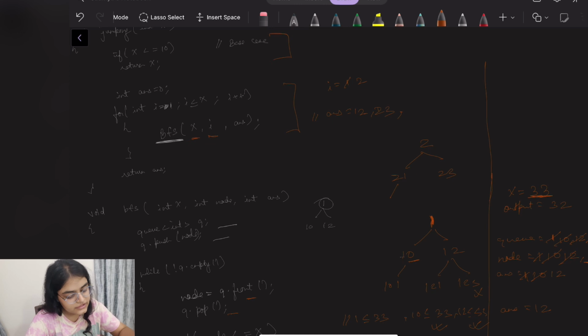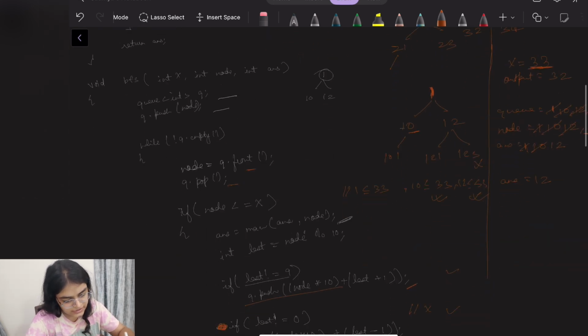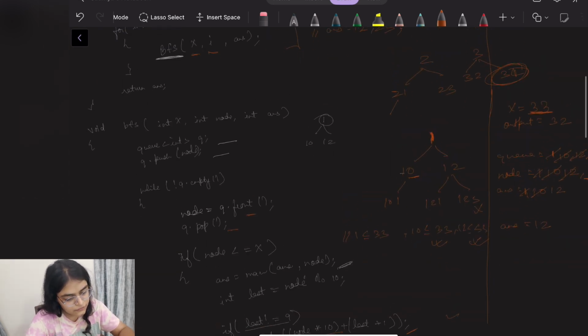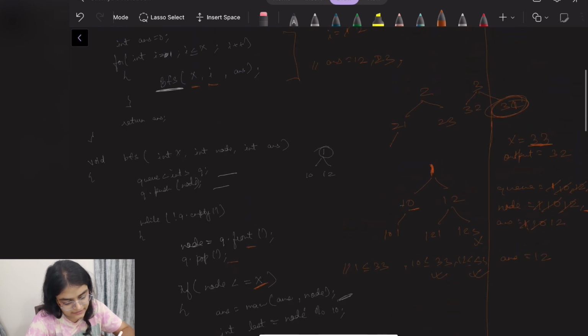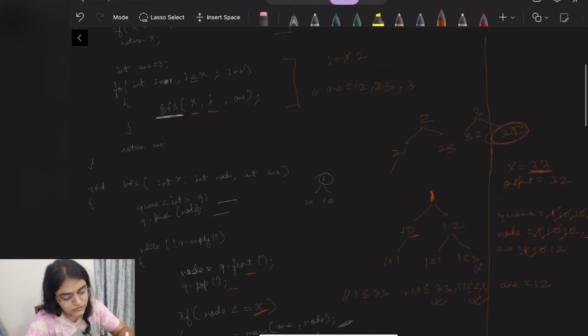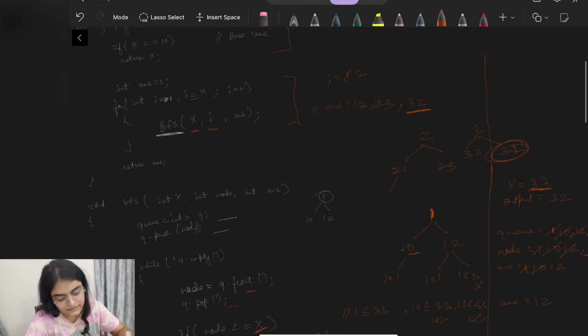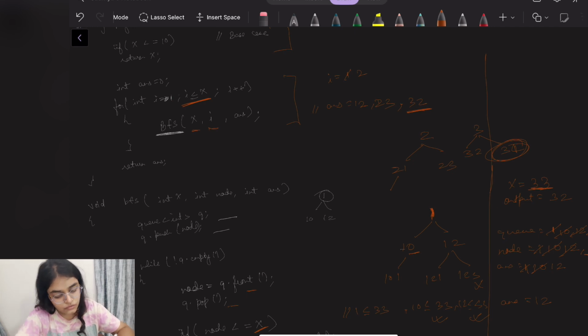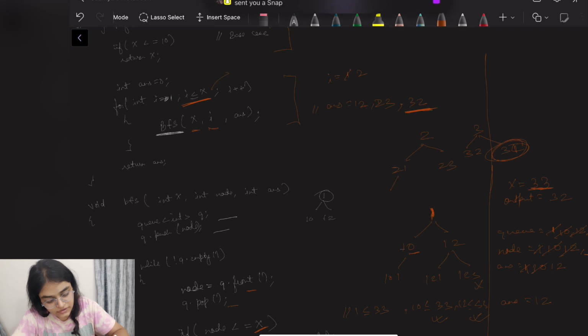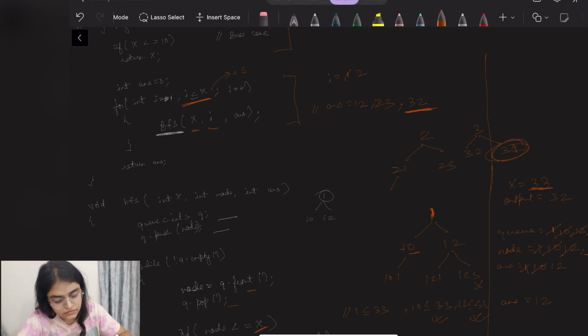Then again for 3 it will run, and for 3 it will be 32 and 34. So here we'll see 34 exceeds x, so 32 will be the answer here. No, we don't have to go further from 32. So let's also include 9.